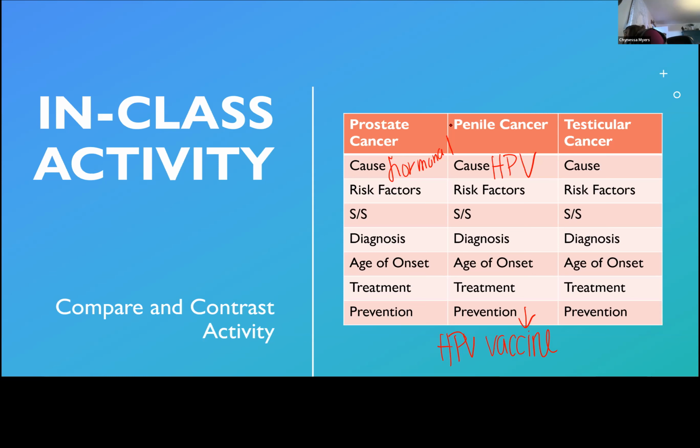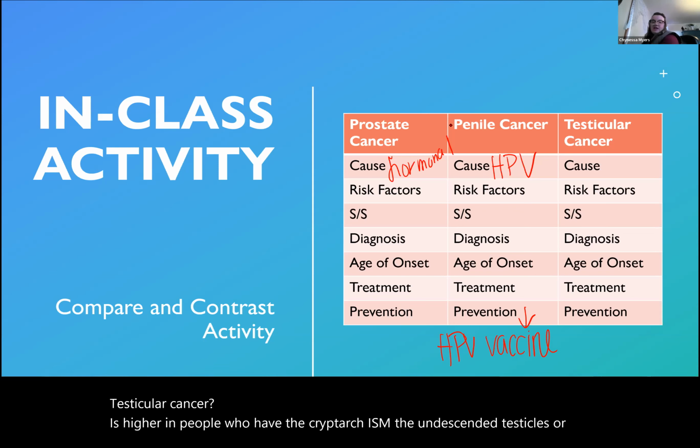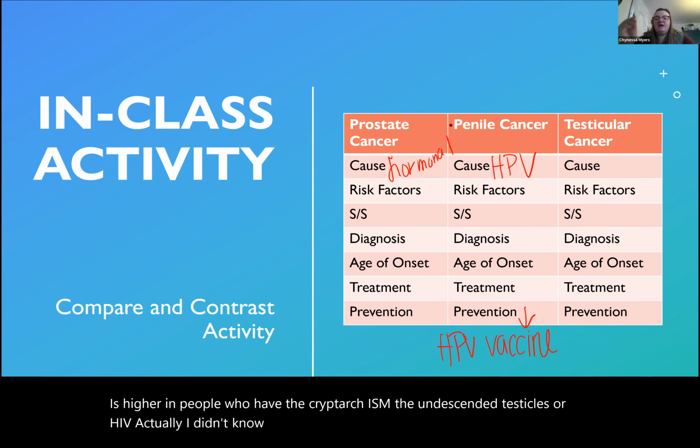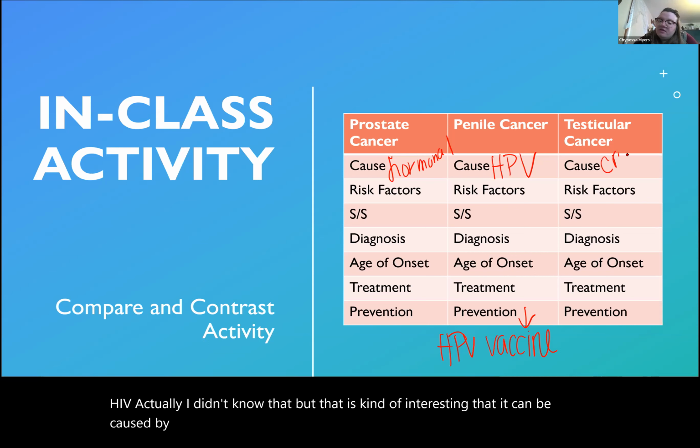Testicular cancer is higher in people who have cryptorchidism, the undescended testicles, or HIV. Actually, I didn't know that, but that is kind of interesting that it can be caused by cryptorchidism and HIV.